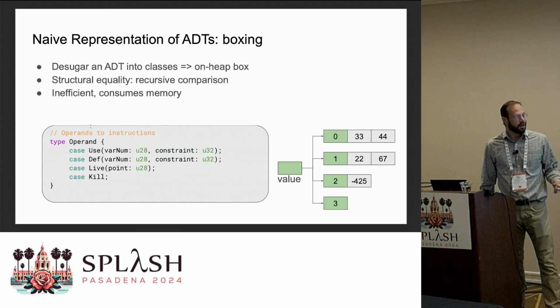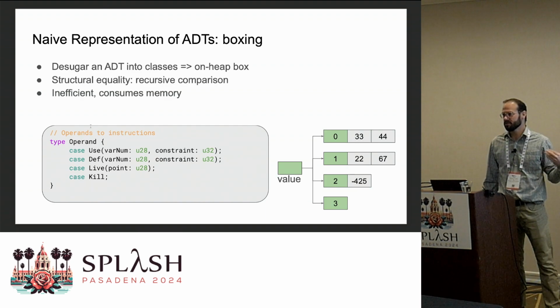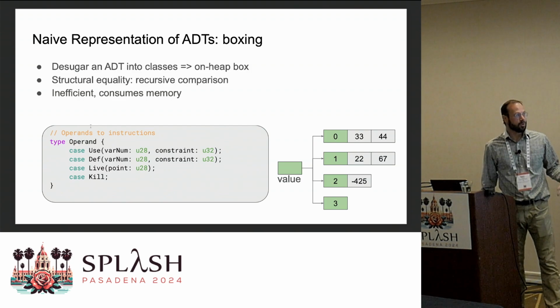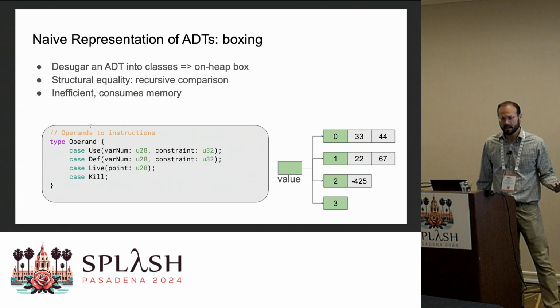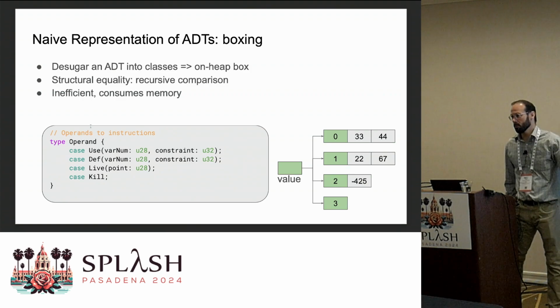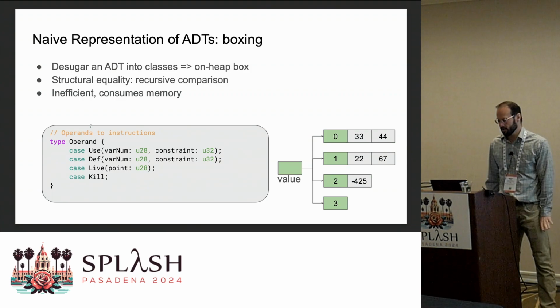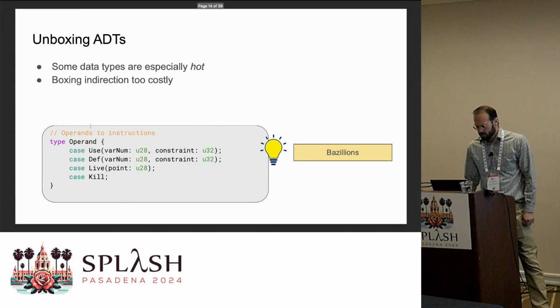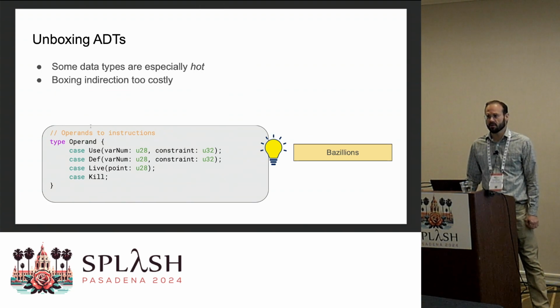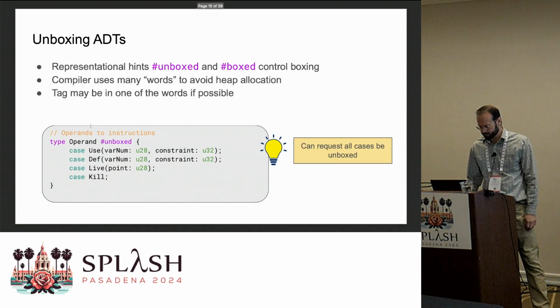And so obviously, functional compilers don't necessarily represent them that way. You can represent them any way that you like, as long as you do the recursive comparison so that there's referential transparency. Some ADTs are actually hotter than others, super hot, and you have bazillions of them, so you don't want to allocate them all on the heap.